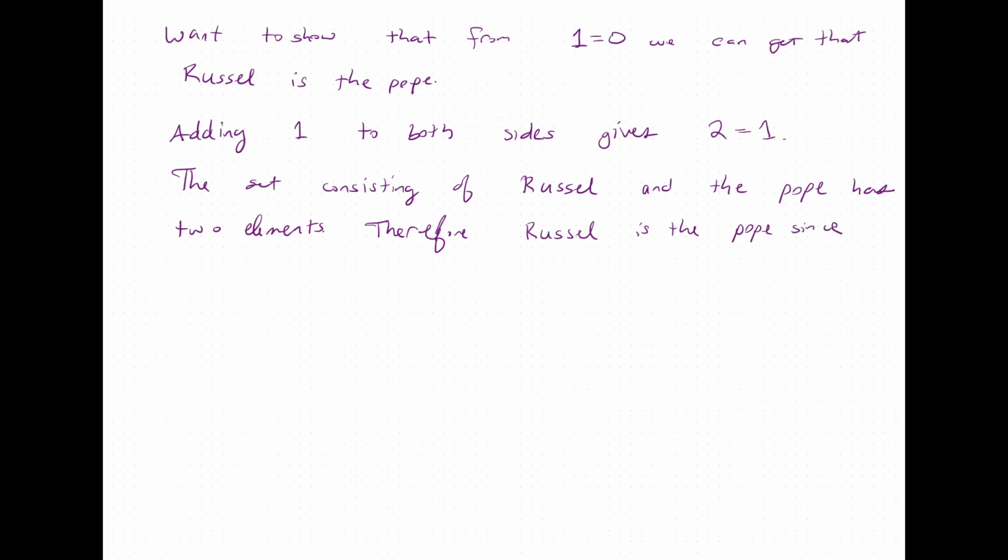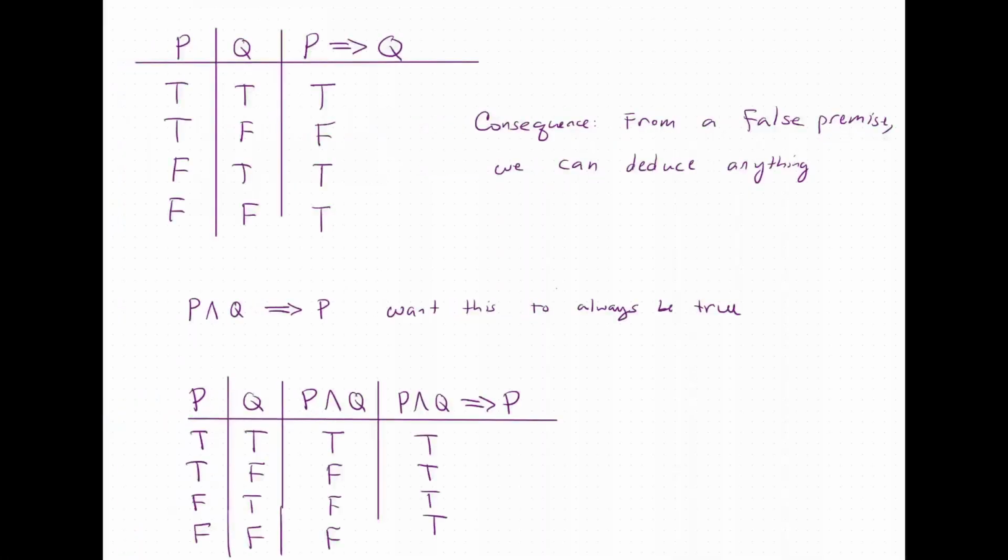Since 2 is equal to 1, it has 1 element, and so Russell and the Pope must be the same individual. And we now have that from 1 is equal to 0, we can deduce that Russell is the Pope. And so this is a way of seeing how we can get from a false premise to any statement. And so that's how we think about implication in logic and mathematics.